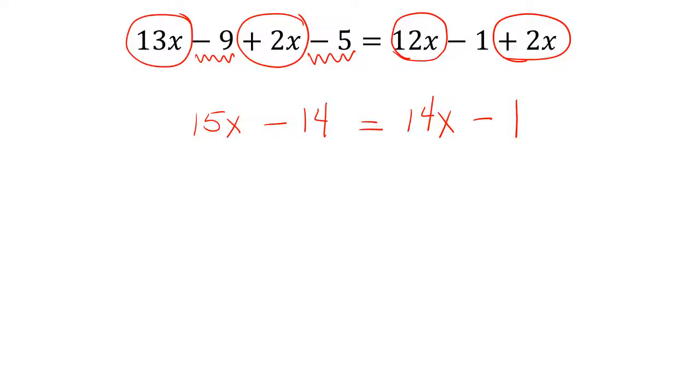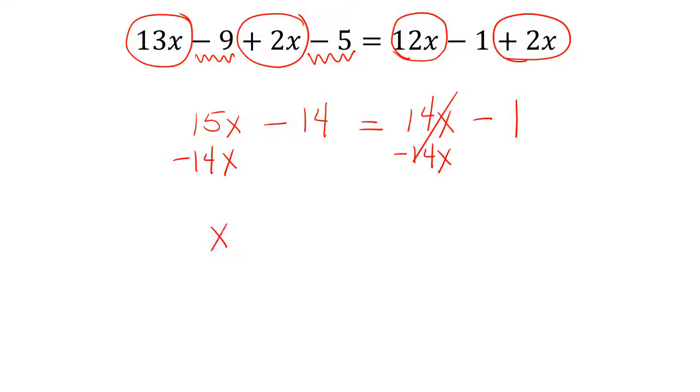The problem is immediately shorter now. Going to the fourth step in the strategy, I will move the terms so that x's go to one side with the addition property. The smaller value of the x terms is 14. So the opposite of 14x is a negative 14x. So we subtract.